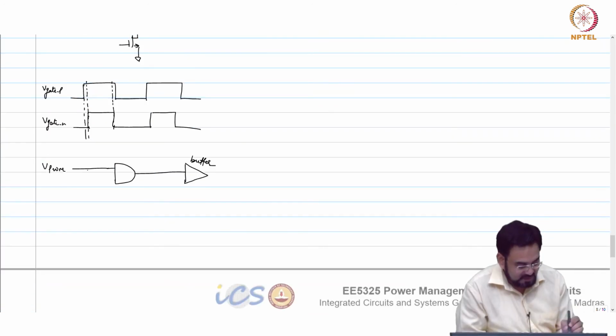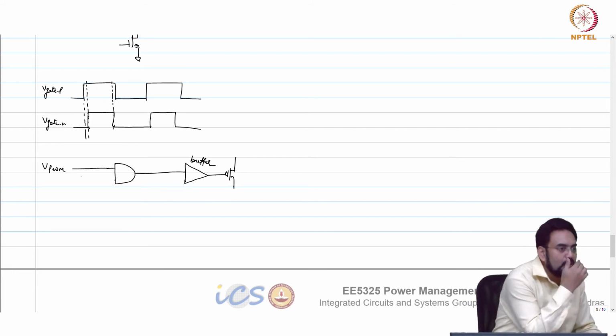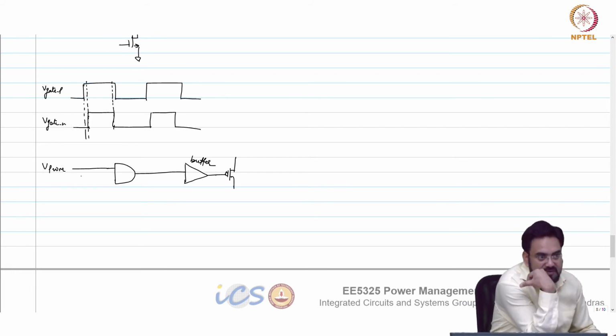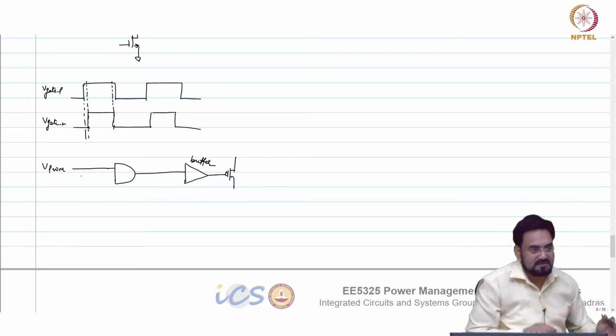Now I know this is PMOS. When PWM is going low, I have to turn it off, or make it high. So what logic is applied there? Which kind of gate will force the output high when the input is 0? NAND gate, huh?